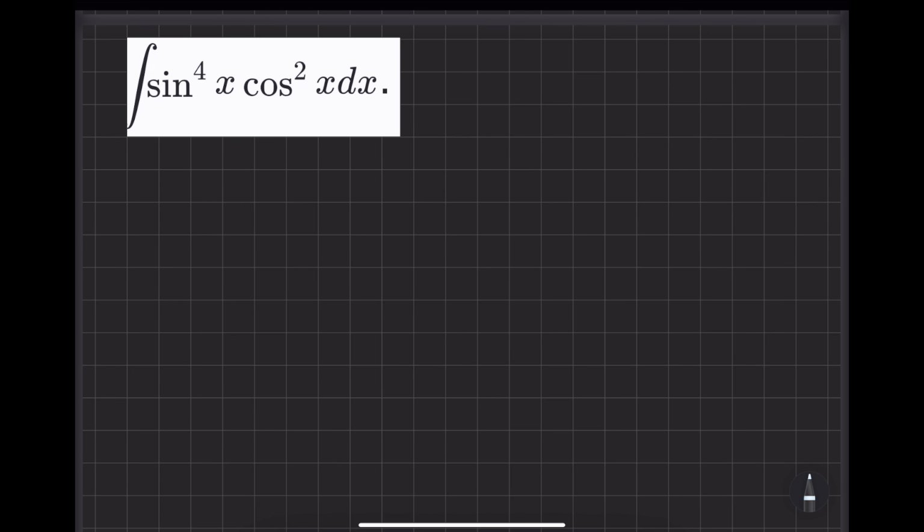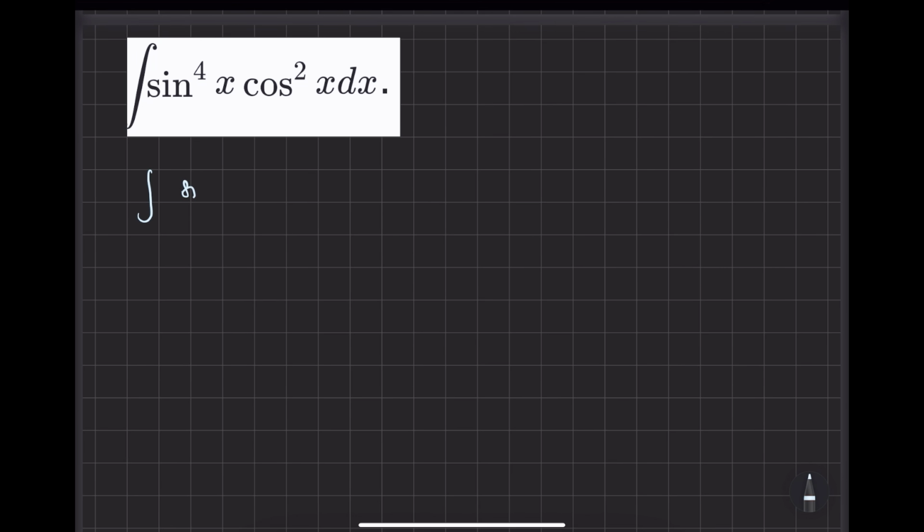And if both are having even power, we used to convert greater power into greater angle. Correct? So who is having greater power? Sine. So we will convert sine into greater angle. You got my idea?